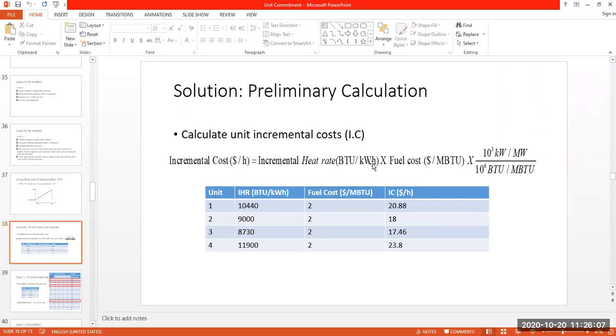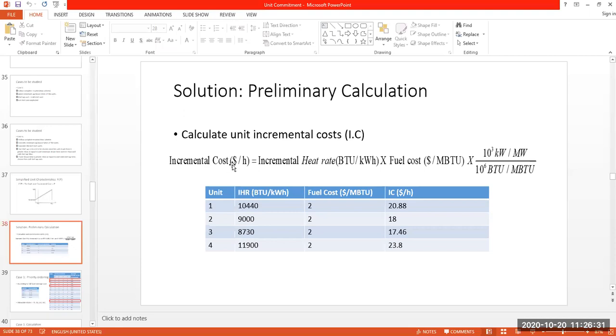So you have to get rid of the kilowatt, and the difference between BTU and MBTU, and accordingly you choose these conversions. These are simply used for unit conversion, so that from these two values you can reach here.